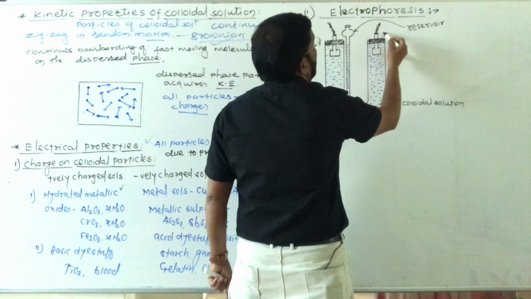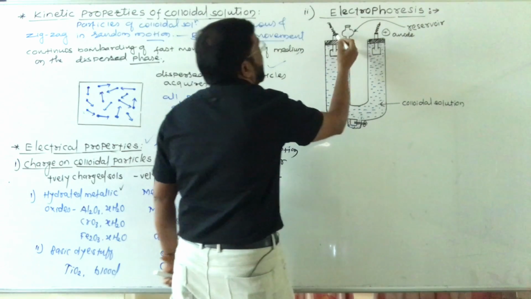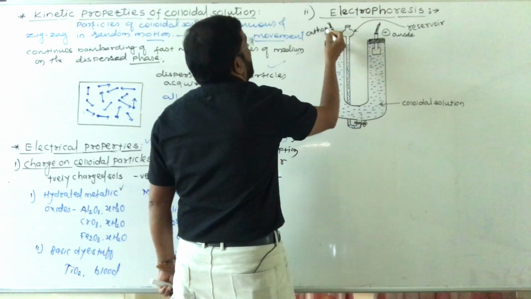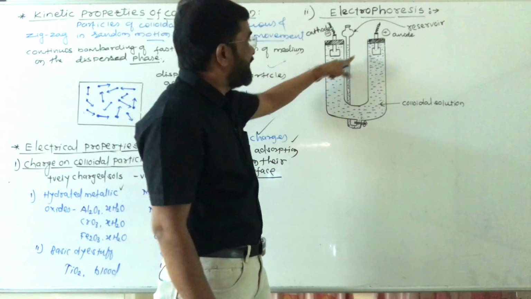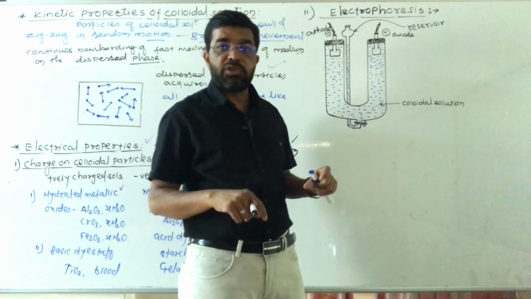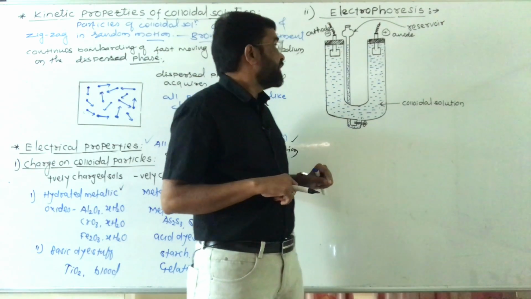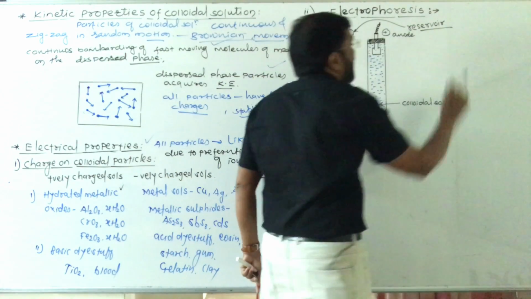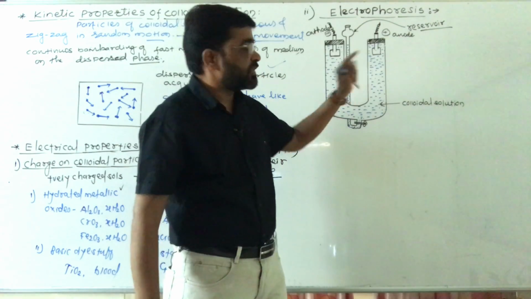Then the positively charged electrode connected to the positive pole of the battery is the anode, and the negatively charged electrode connected to the negative pole of the battery is the cathode, right? Cathode and anode are inserted in it, and the two ends of the U-tube are plugged with rubber corks. This is the reservoir of solution by which we can add the solution in this U-shaped glass tube.